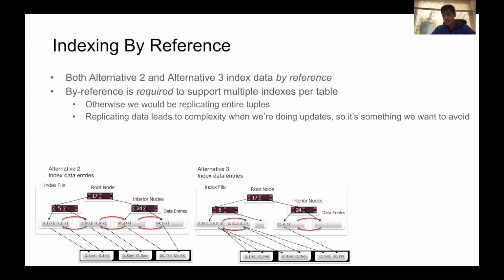Now, there are cases where you might decide to do this. There are cases, for example, when you want a file that's sorted on a key and then you want that file to also be sorted on another key at the same time. So you can't really do that with one file. So you're going to duplicate that file. You're going to copy it over, sort one of those copies on one key, and sort the other copy on another key.